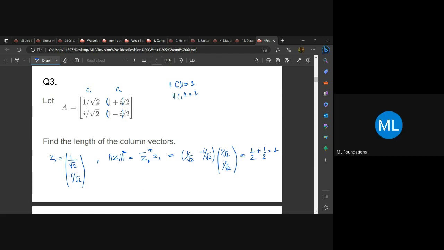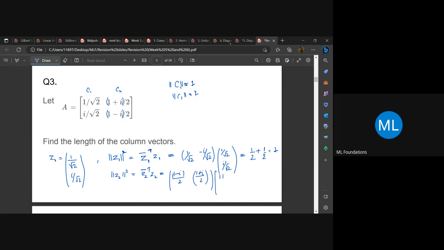Yes, yes. Okay. Now, similarly, you find it for Z2. So it will be what? Z2 bar transpose Z2, correct? So this will give you 1 minus i by 2, 1 plus i by 2, right?